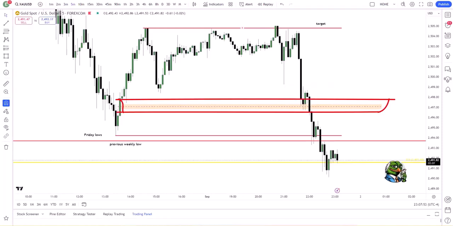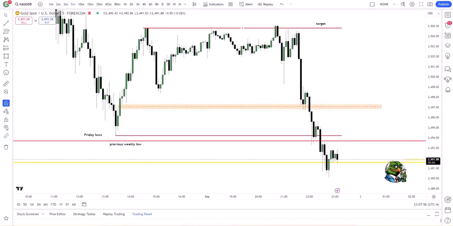Then we've had another level of distribution, which we can call redistribution, the second level of consolidation there. And then we've had a smart money reversal, and that's essentially the market maker buy model. So that's what I wanted to say in this recording, and I've journaled the trade.